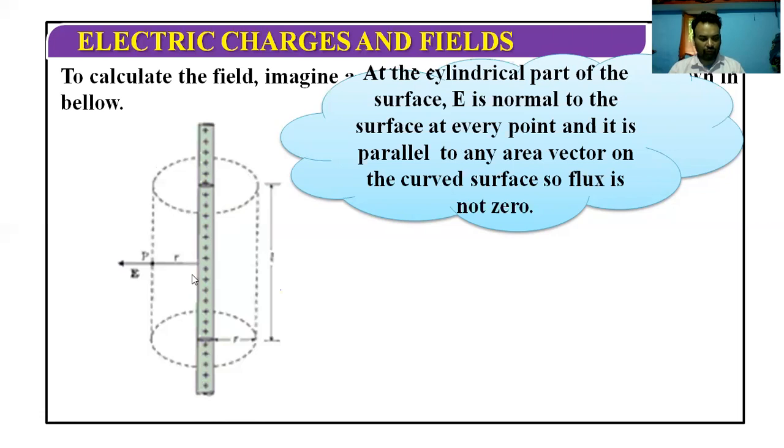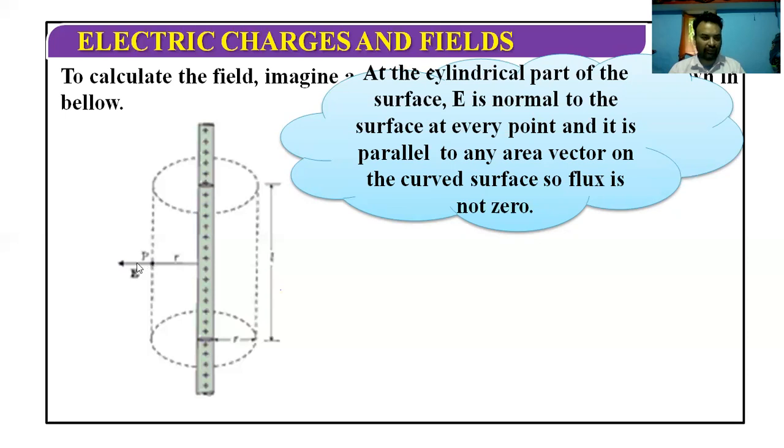So if we look at the curved surface, electric lines are perpendicular to the curved surface. E is normal to the surface at every point. But they are parallel to any area vector.